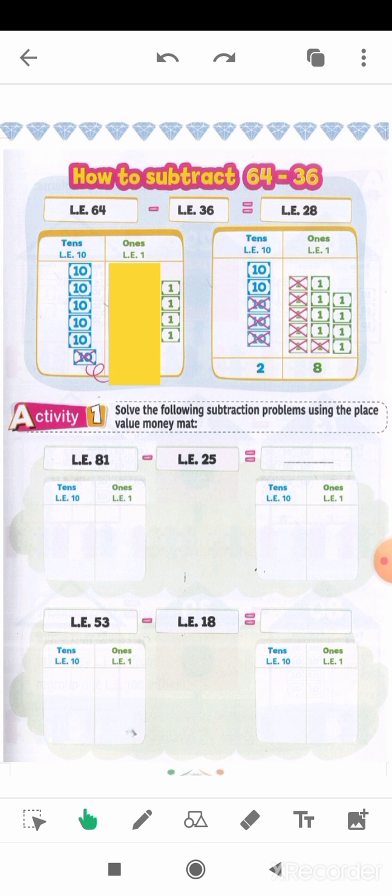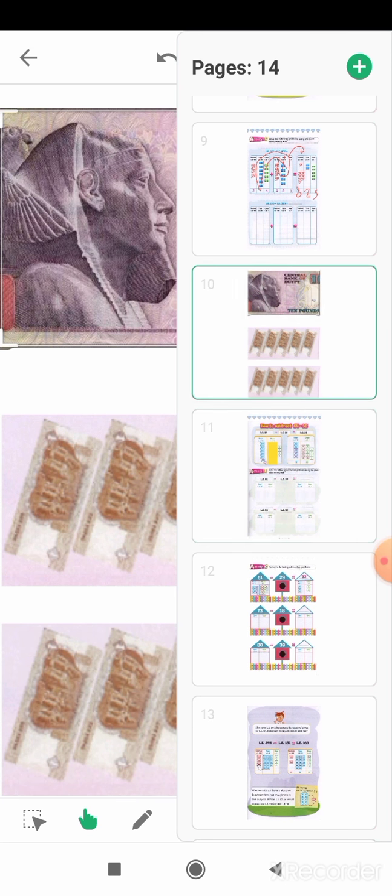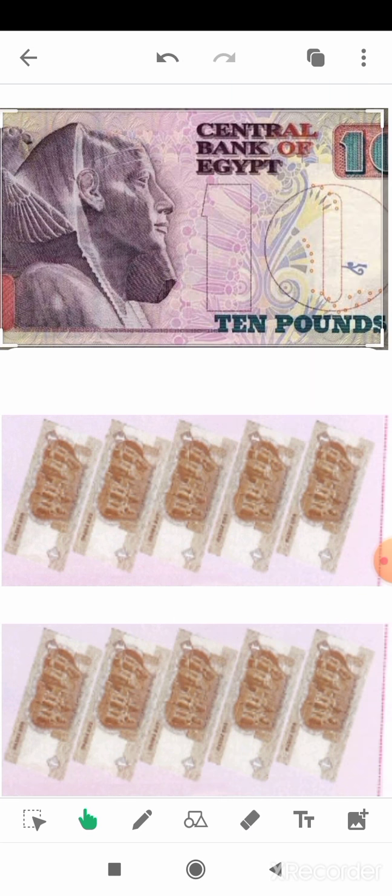Just to remember, if I have 1 ten-pound note, I can make it equal to 10 ones. One paper of 10 pounds is the same as 10 papers of 1 pound.